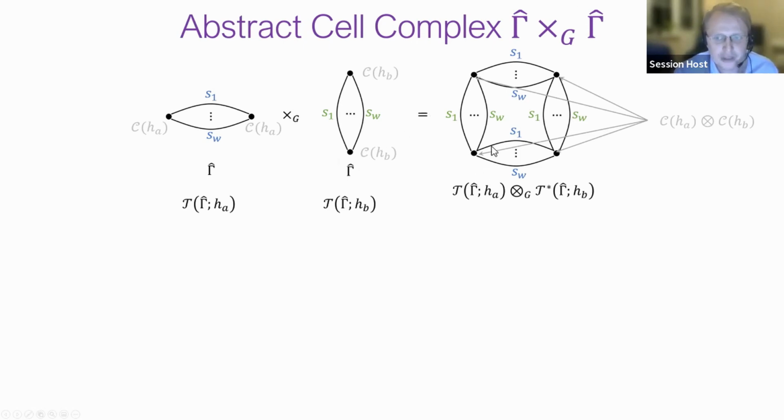We obtain this product, which can also be described as some kind of two-dimensional object, a generalization of the Tanner graph idea. Here we have three kinds of objects: vertices, edges, and also squares.